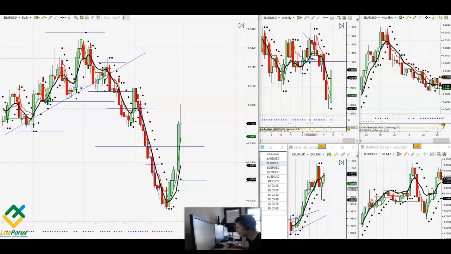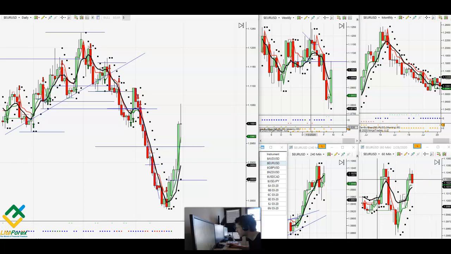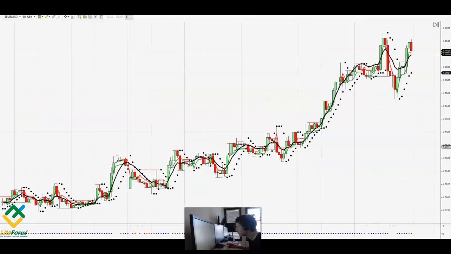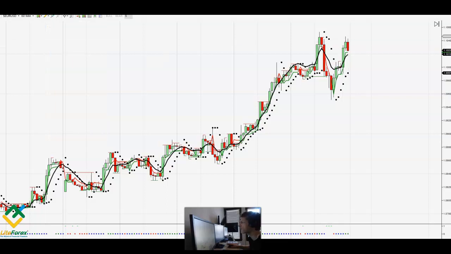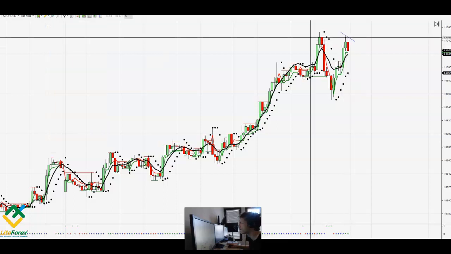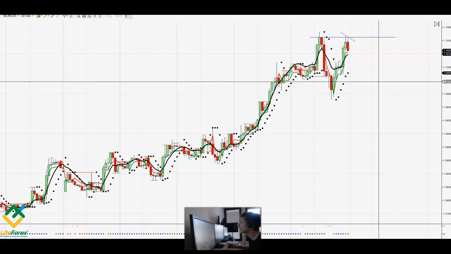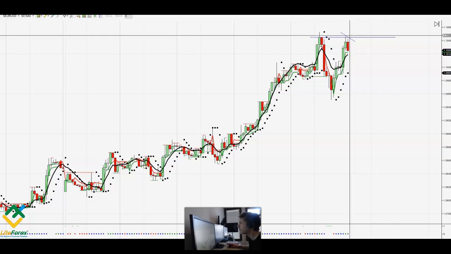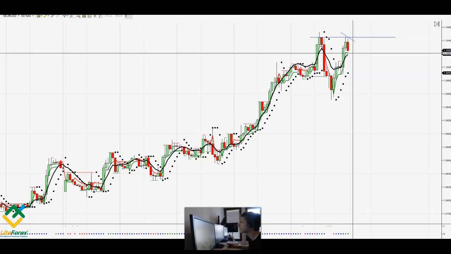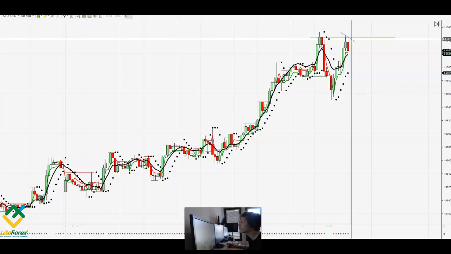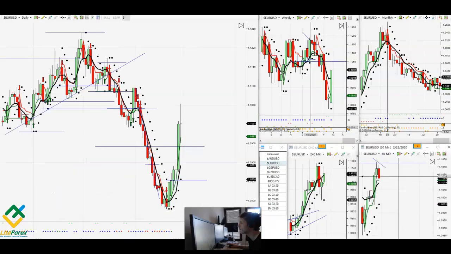So going forward, the Euro USD, you can just see on the 60-minute chart those lower highs in place. And you can see some resistance around 1.1045. So that price needs to break. This 1.1045 needs to bust through before we can really confirm this move going up.